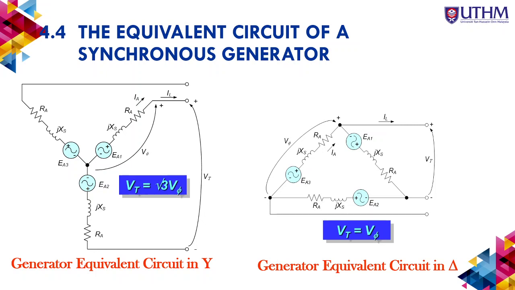So the calculation for V phase pula, calculation for delta and Y connection a little bit different. Okay, so untuk VT actually is equal to root 3 V phase. So normally in the question they give the VT and V phase we need to calculate. Okay.